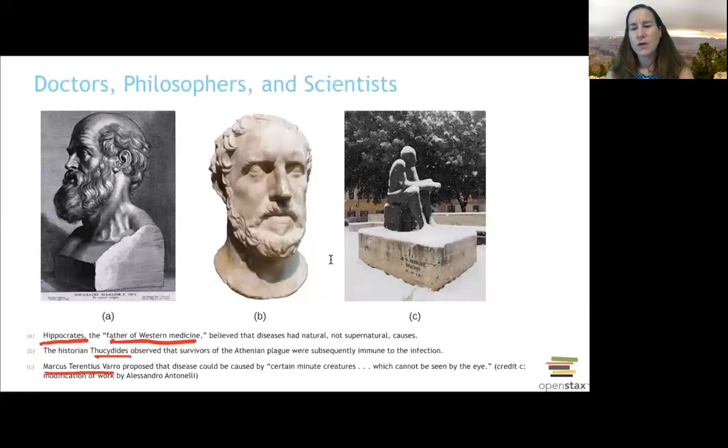Marcus Varro thought maybe it's something so small that we can't see that's causing the disease. He was thinking that things were possibly floating in the air and then getting into the body, like we said. So he is one of the other original scientific Greek people names that we need to know.